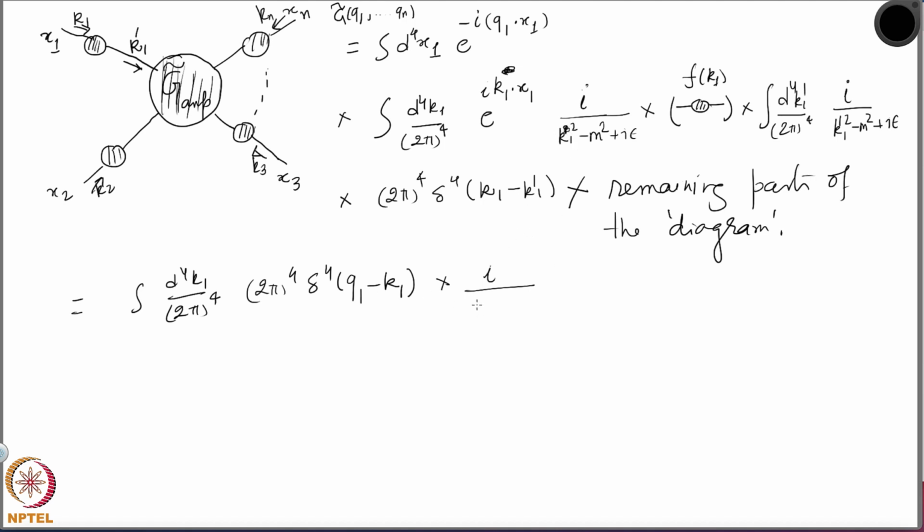Now k1 is q1, so because of the delta function I can write q1 square minus m square plus i epsilon times f of q1 times this integral.